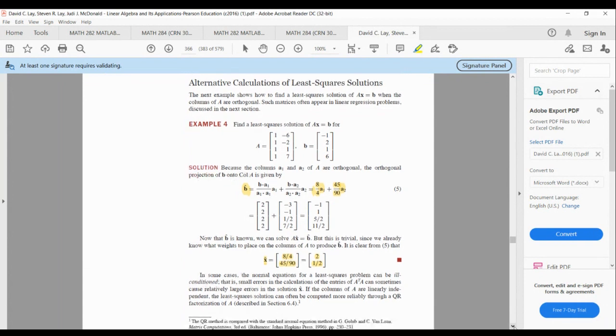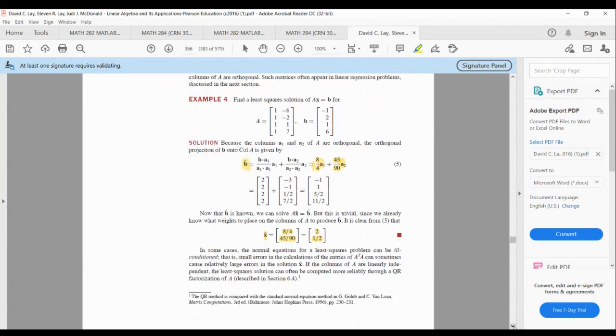Now, they make a comment here. In some cases, normal equations for a least squares problem can be ill-conditioned.